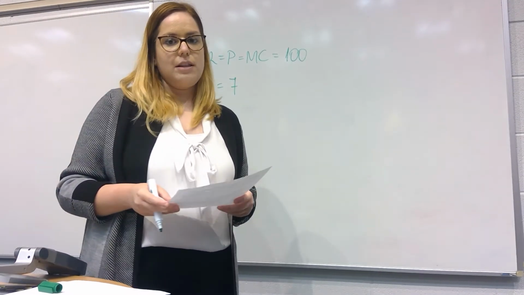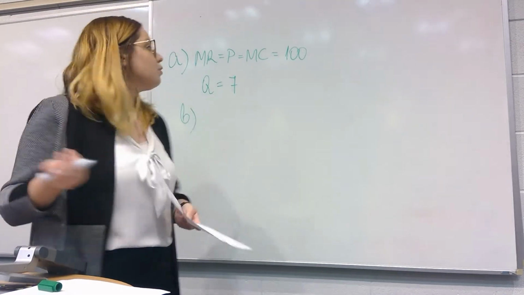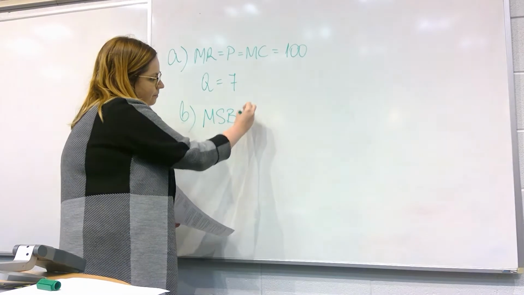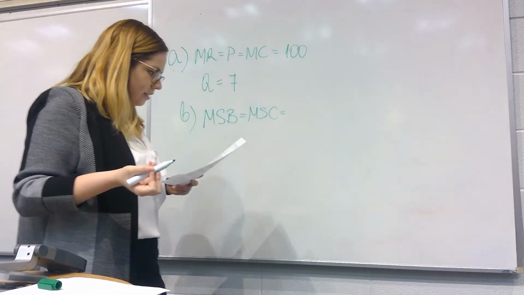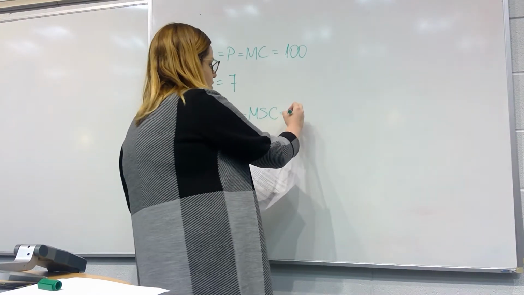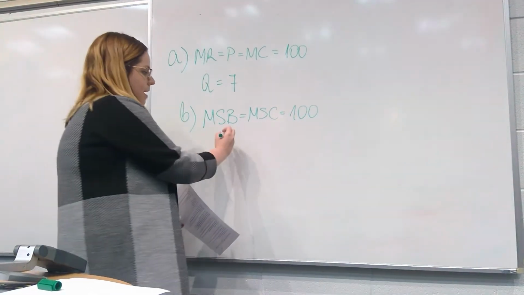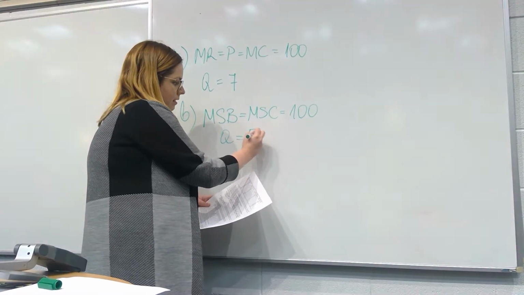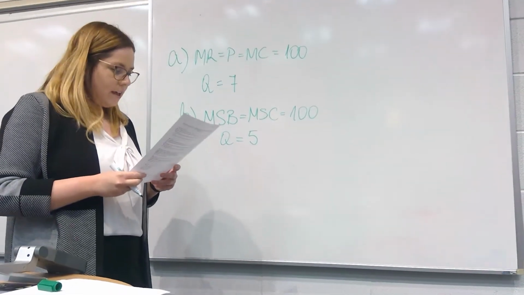So the socially efficient level of output would be where marginal social benefit is equal to marginal social cost. And this would be again when marginal social benefit and marginal social cost are equal to 100, and the quantity here would be a quantity of 5. Again, you can check this in your table.